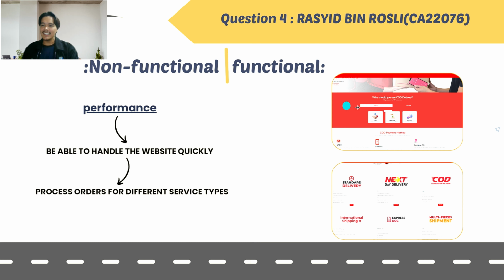In performance, the GNT Express system should be able to handle the website quickly and process orders for different service types efficiently, provide reliable delivery regardless, and maintain the service quality of the chosen service levels. As the website Alexsoft says, to prevent delays, especially in peak periods like holidays and sales events, the GNT Express system employs sophisticated load balancing and optimizing methods to spread website visitors evenly between servers.